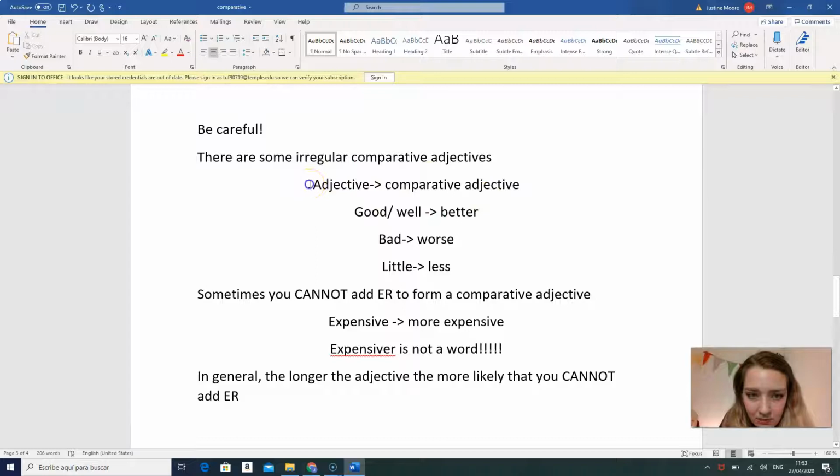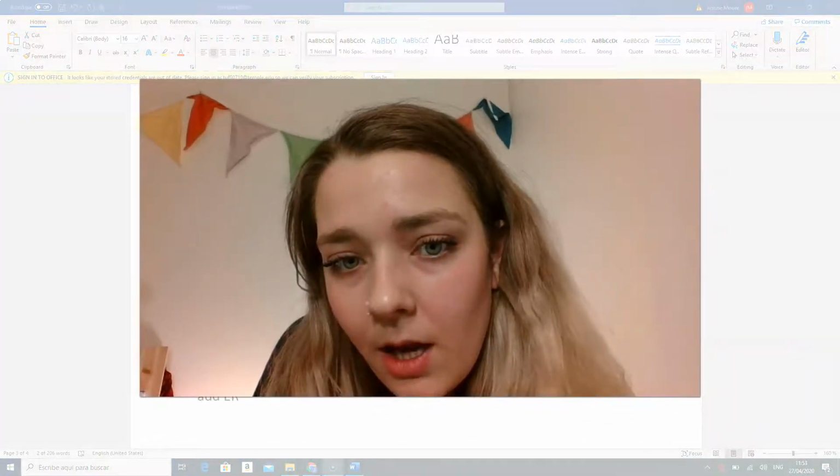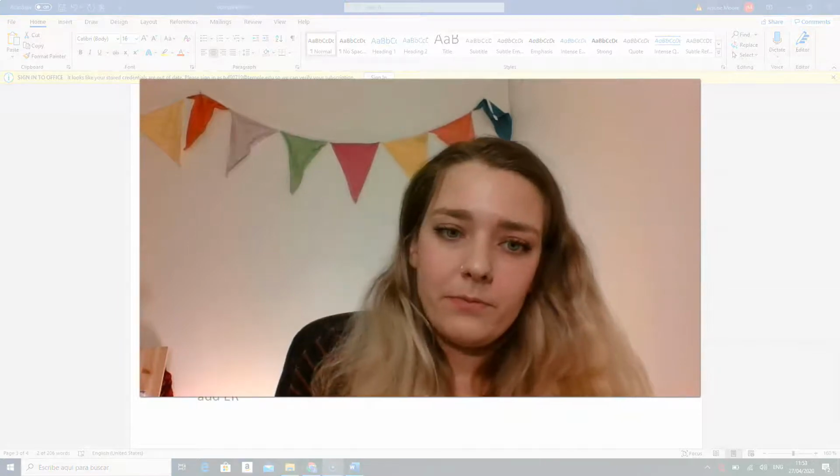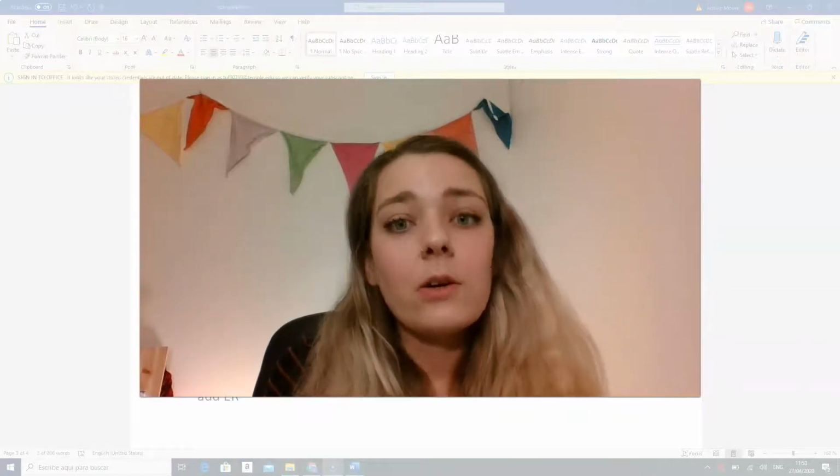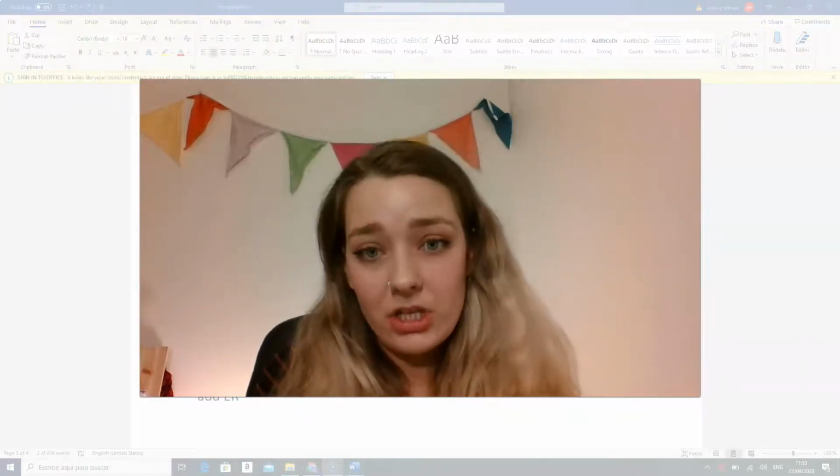Okay, so we have the adjective on the left and then the comparative adjective on the right. So we have good or well. Let me think of an example. So good or well is the adjective.